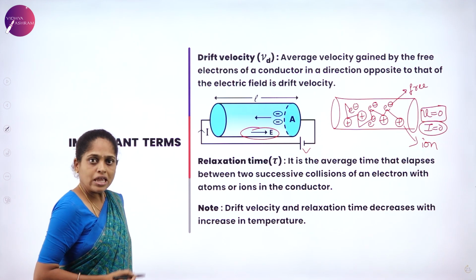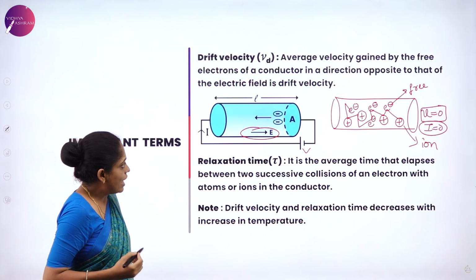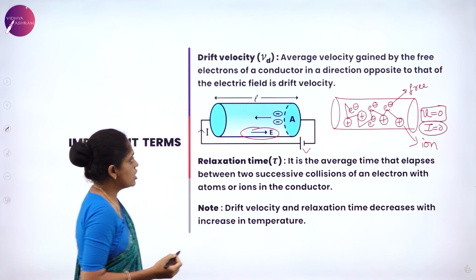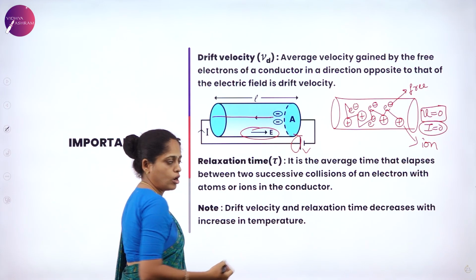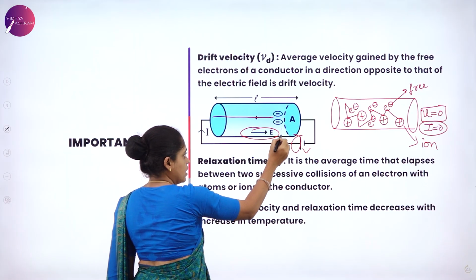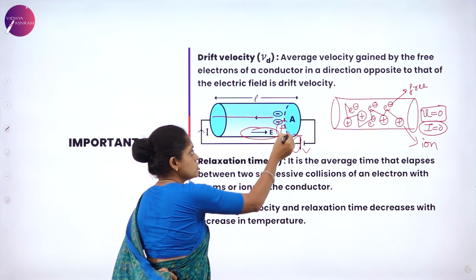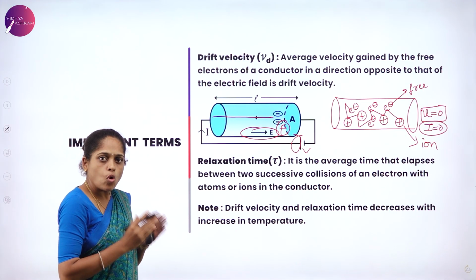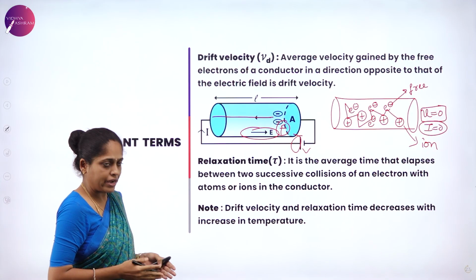Now, all the free electrons are in the electric field, so they experience a force. Because of this force, they are accelerated towards the positive terminal of the battery. Even though there is a force on these electrons, they won't immediately line up towards the positive terminal of the battery.